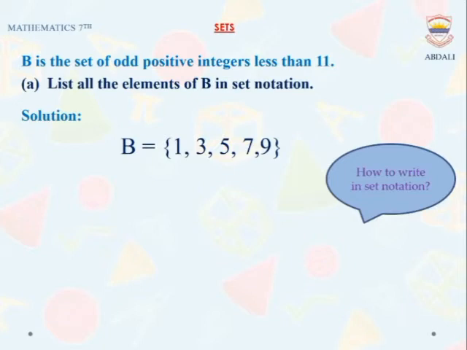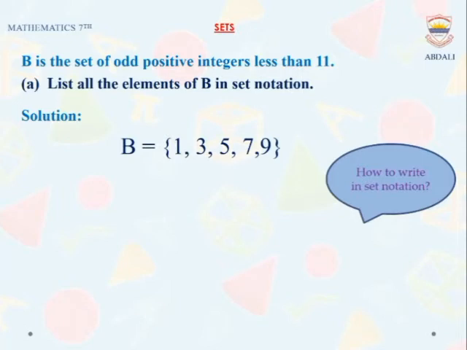So odd numbers start from 1, positive odd number 1, and after that another odd number is 3, after 3 the next odd number is 5, after 5 the next odd number is 7, after 7 the next odd number is 9, and after 9 the next odd number is 11.